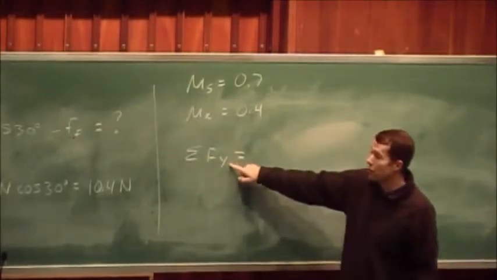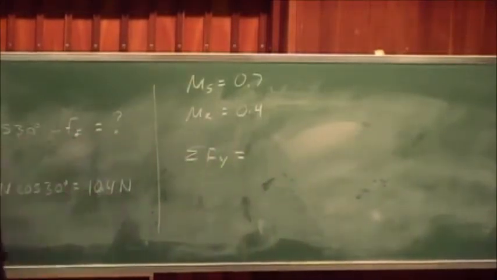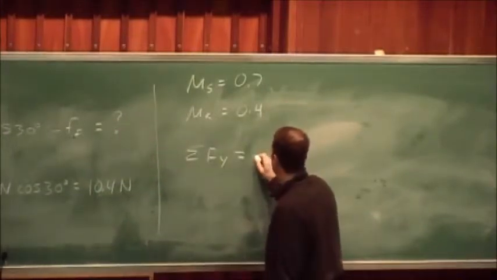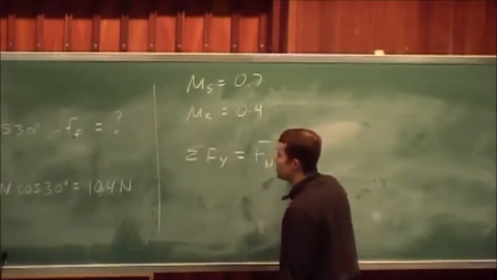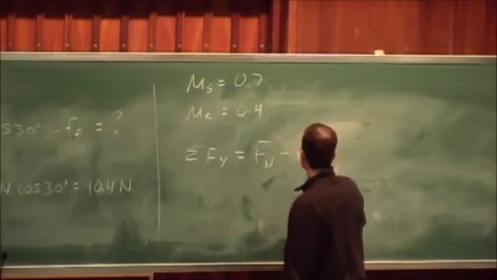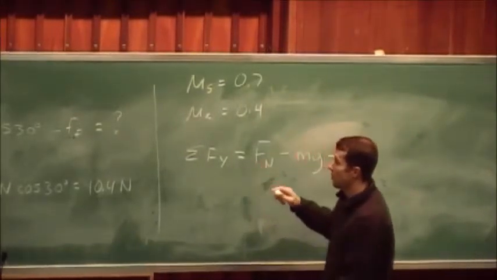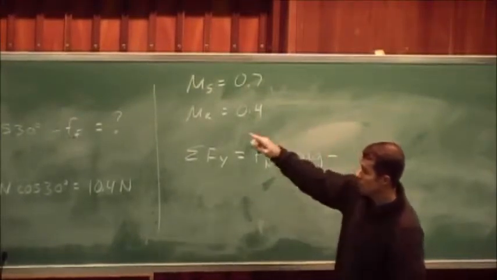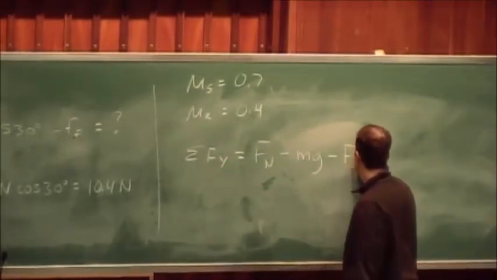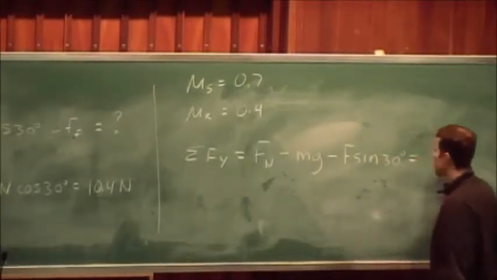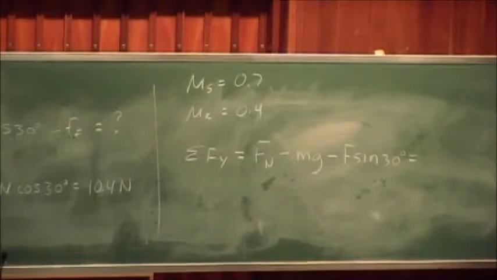If I take the sum of the forces in the y direction, I have F normal minus F gravity minus F times the sine of 30 degrees. Okay? So I see that this is F normal minus mg minus F sine 30, that's equal to 0, right?